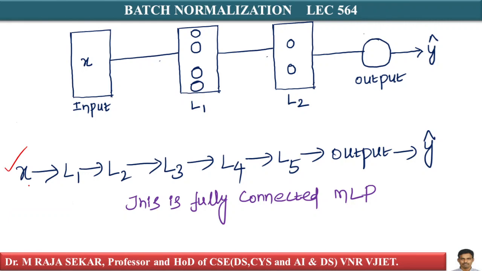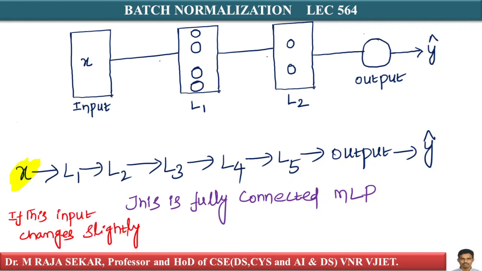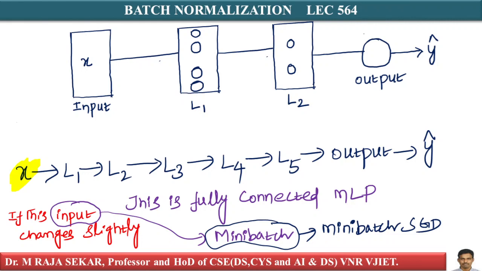What happens here is, if this input x changes slightly, remember the input is a mini batch, because we are employing mini batch SGD techniques.